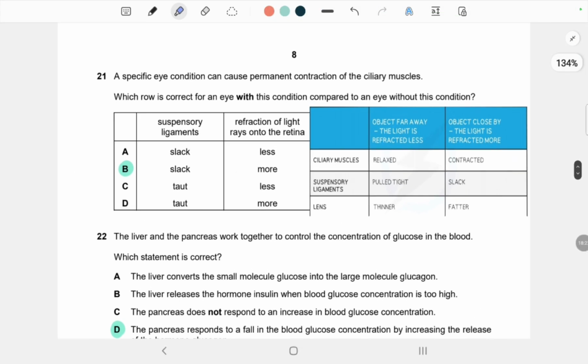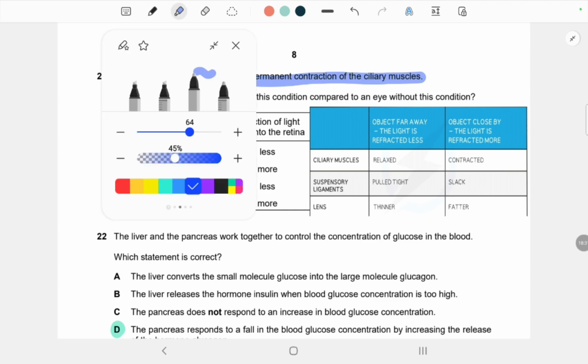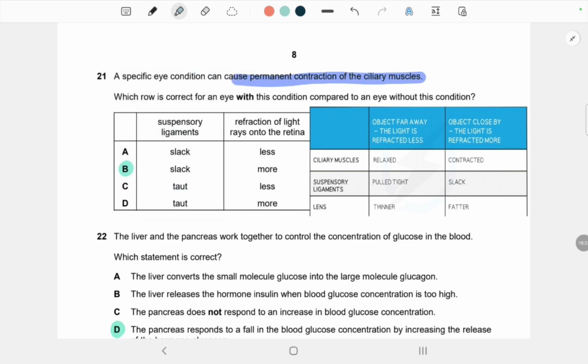Now, this question is basically memorization. It's telling you a specific eye condition can cause permanent contraction of the ciliary muscles. It's telling you which row is correct for an eye with this condition compared to an eye without this condition. So what is the condition? The condition is a permanent contraction, meaning that the ciliary muscles will be contracted.